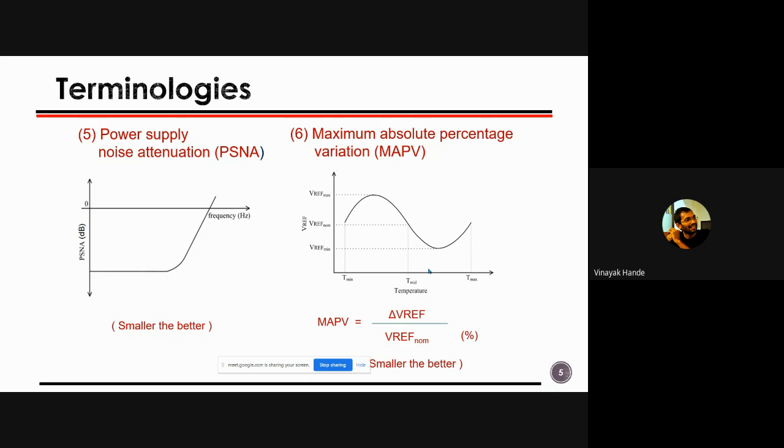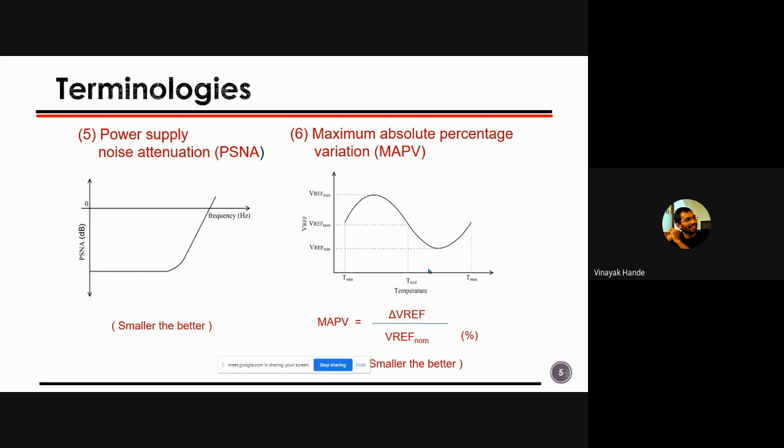And you can see that from this graph. Also, this is kind of a mirror image of the operational amplifier frequency response which we saw yesterday, right? That is the maximum absolute percentage variation. That is a 6 term. On the right hand side, you can see it is again a representation of a TC.